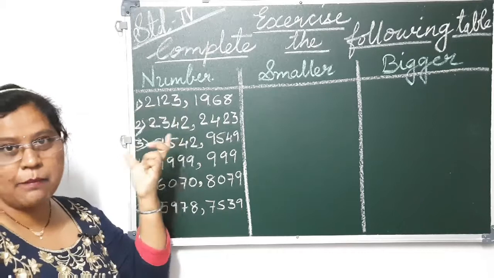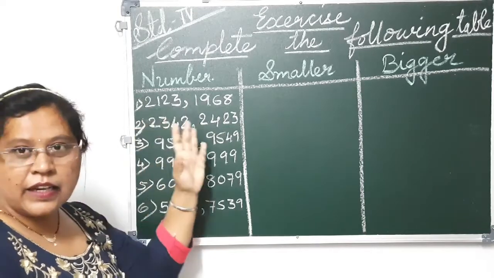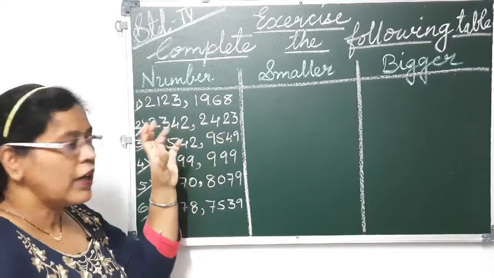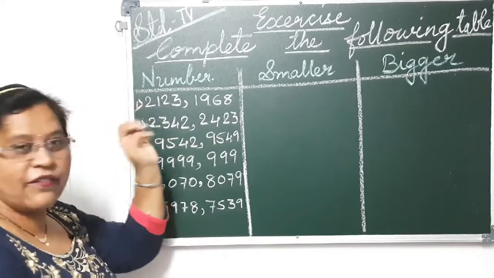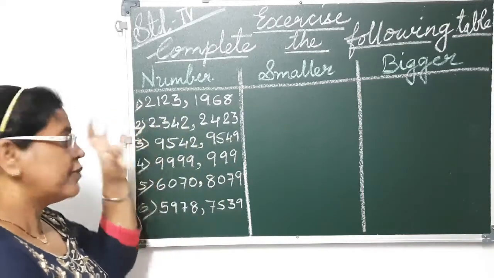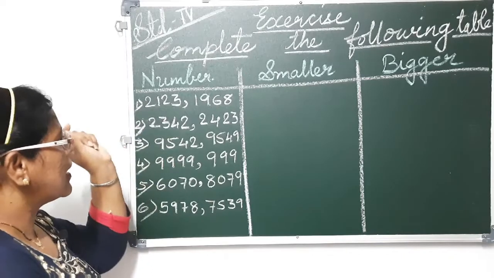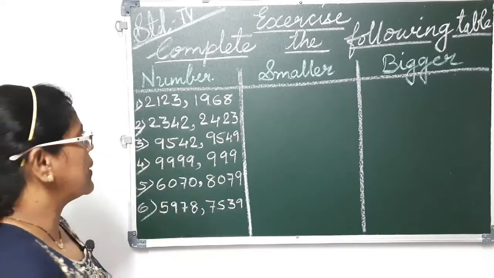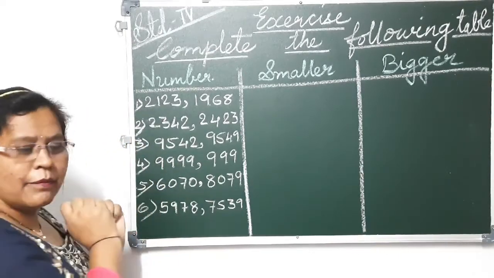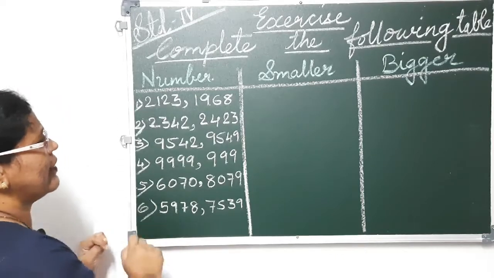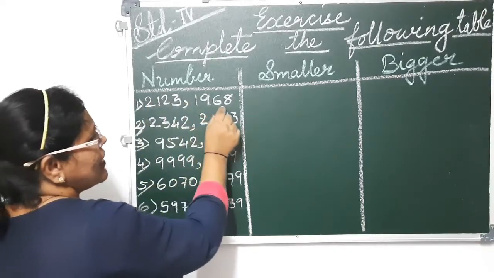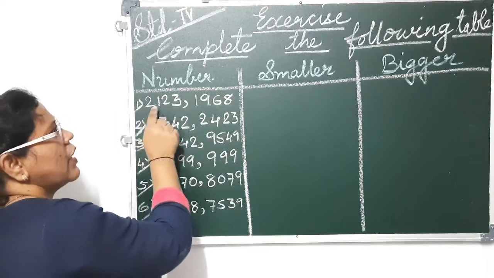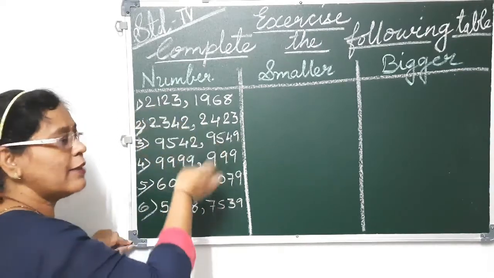For 4-digit numbers, there is no need to see the first digit. Now what you have to see is the thousands place value. Very easily you can say that 1968 is smaller than 2123. Why?